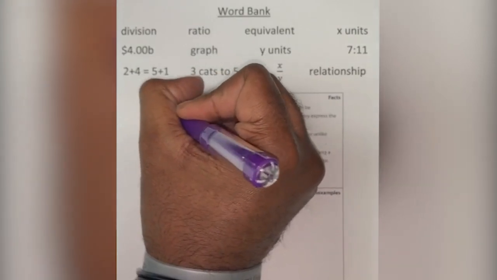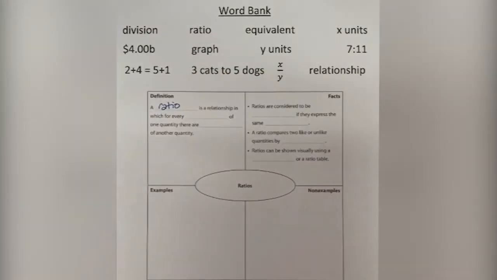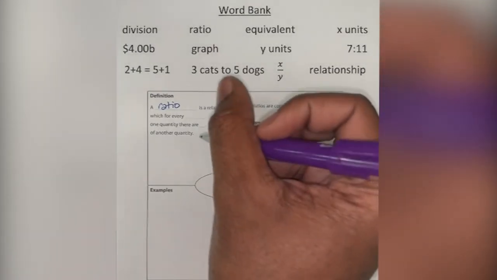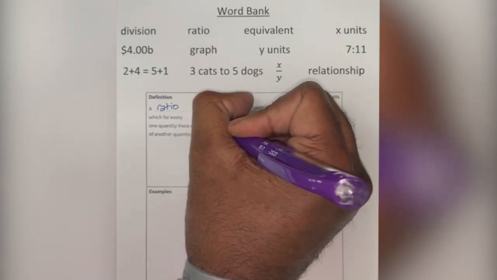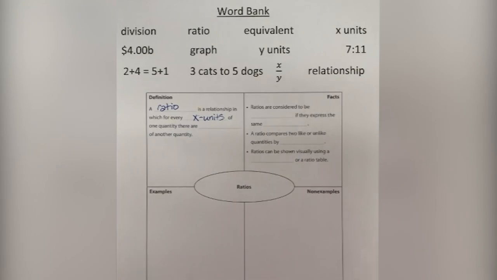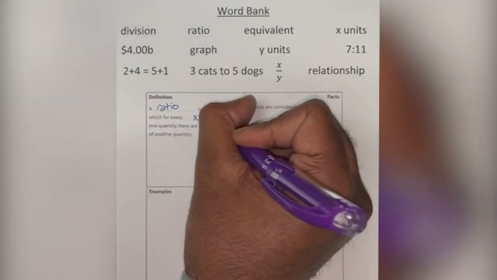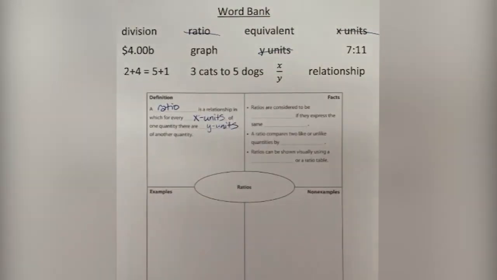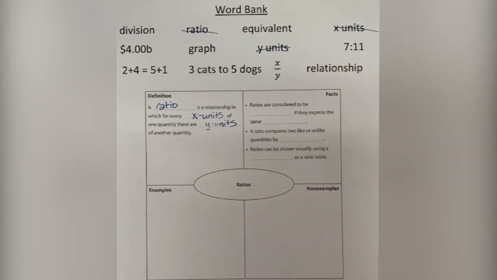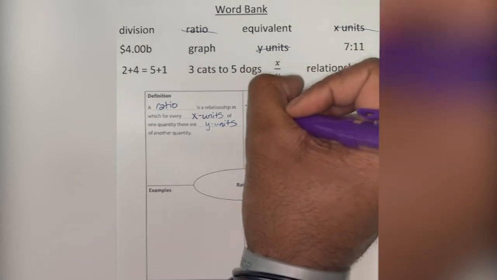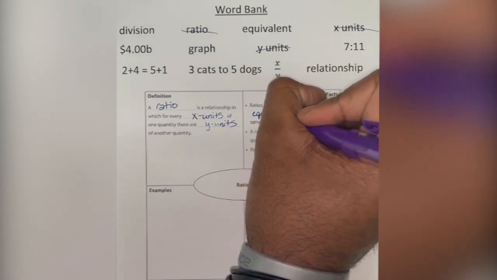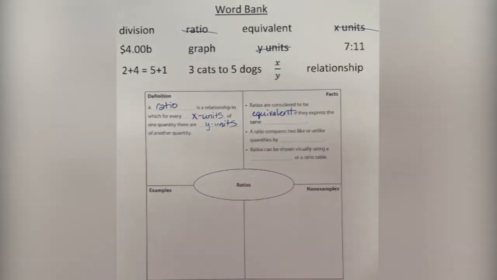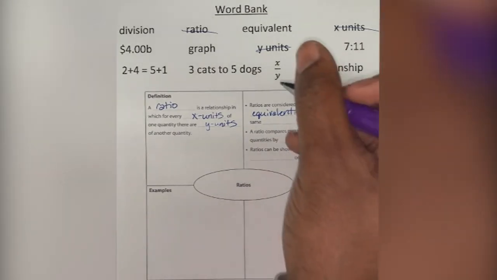A ratio is a relationship in which for every x units of one quantity, there are y units of another. Good job. So let's look at our facts. Our facts say ratios are considered to be blank if they are expressed in the same blank. So ratios are considered to be equivalent if they're expressed in the same relationship.